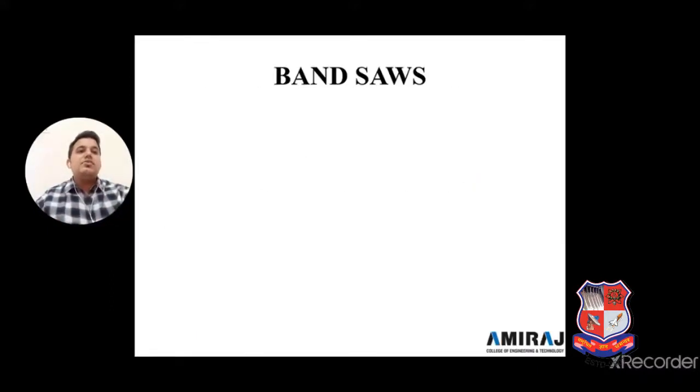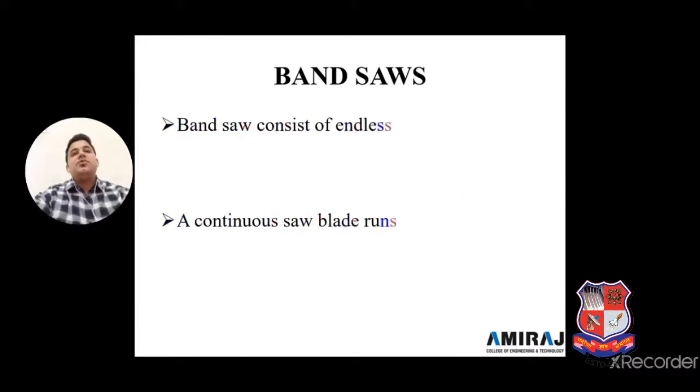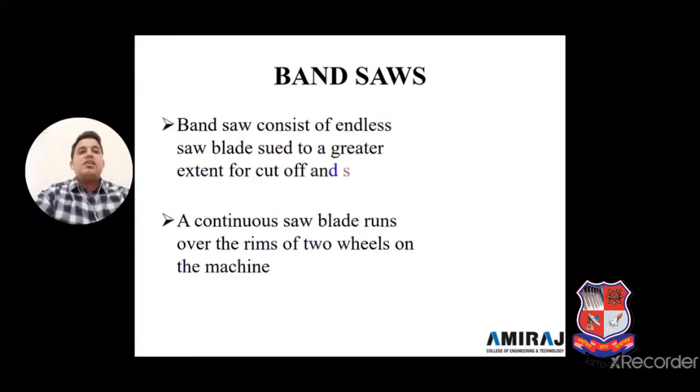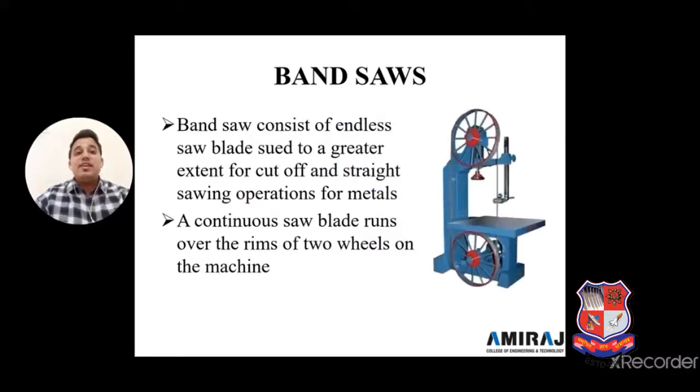Okay, so now another is the band saw. Band saws consist of endless saw blades joined together, used for straight sawing operations on metals. Actually this band saw was first invented for wooden purposes, and nowadays it is utilized for our metal cutting purpose. A continuous saw blade runs on the rim of two wheels on the machine.